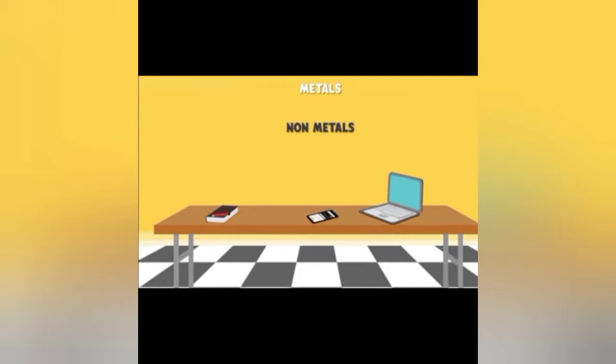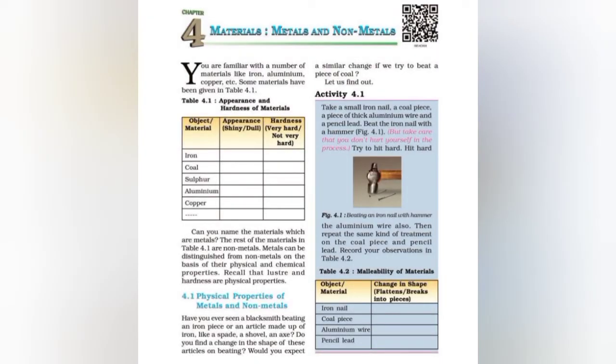Now we will discuss metals and non-metals, and differentiate them by their physical and chemical properties. So now we will go through your NCERT textbook. According to chapter 4, materials, metals and non-metals, you are familiar with a number of materials like iron, aluminium, copper, etc. Some materials have been given in table 4.1 like iron, coal, sulfur, aluminium, copper.